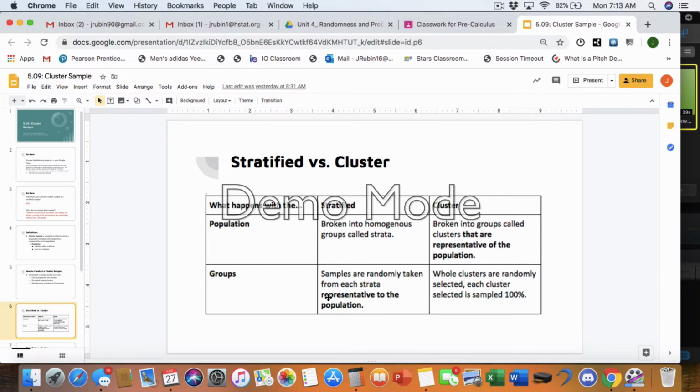So if the district was 25% sophomores, 25% freshmen, 25% juniors, 25% seniors, that's what your sample would be. With a cluster sample, going back to our example of the 10 schools in the district, you would take, let's say, two clusters. You'd select two schools and you'd sample every student in those schools.